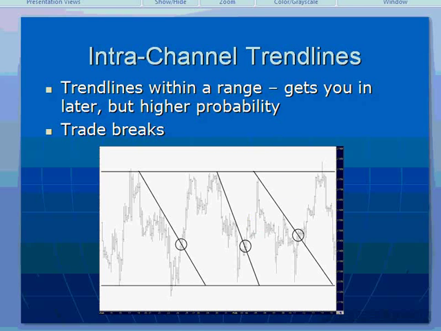Of course, you're never going to get anywhere near 100% assurance, but more of an assurance that perhaps a turn really did occur at support, or a turn really did occur at or near resistance, and there will be follow-through going towards the other side of the channel. Okay? Hopefully that makes sense.